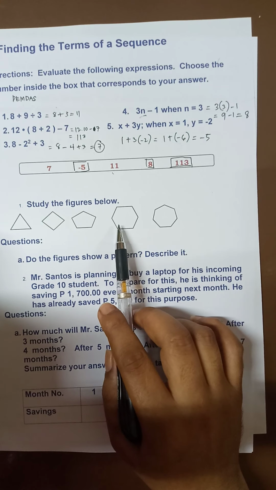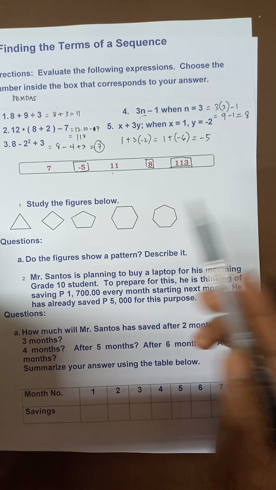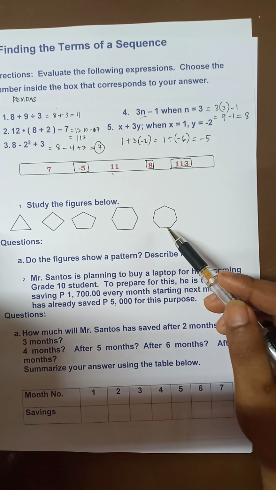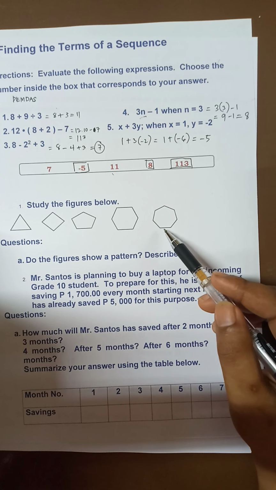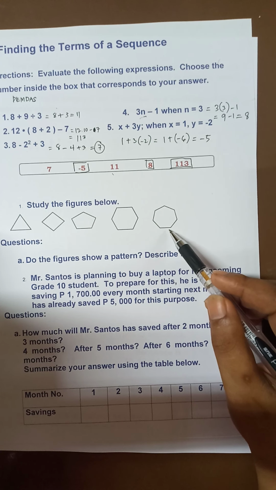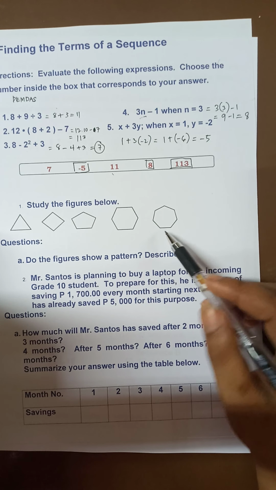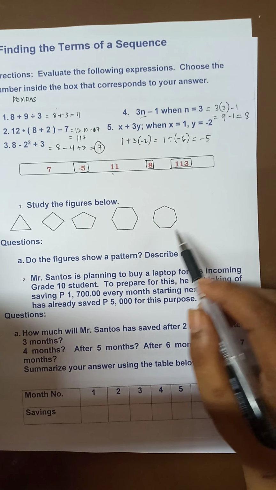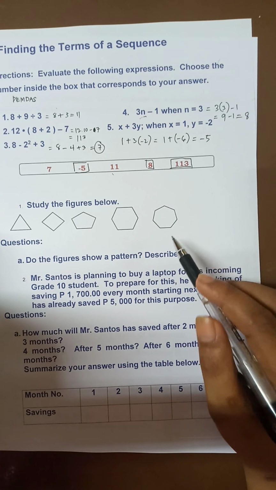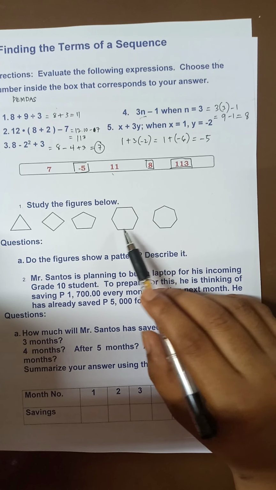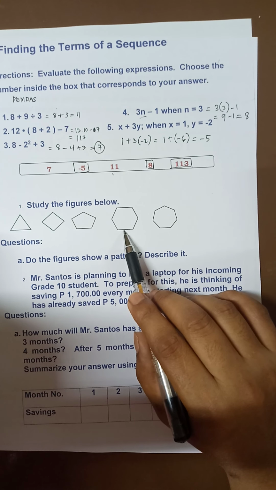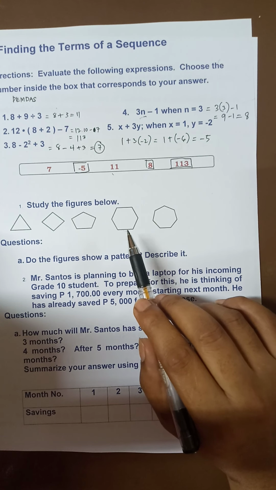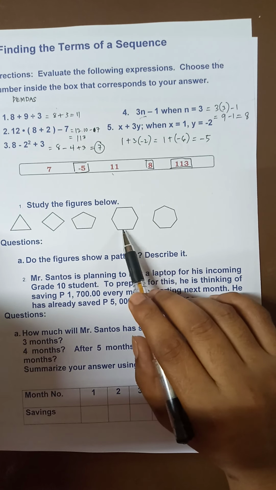The fourth one is a polygon having 6 sides, or what we call a hexagon. And the fifth one is a polygon with 7 sides, which is called a heptagon.